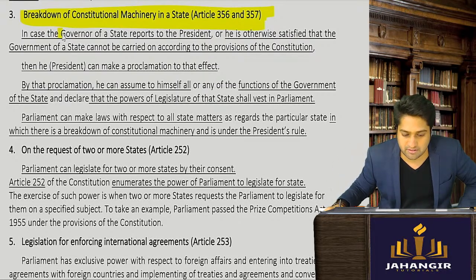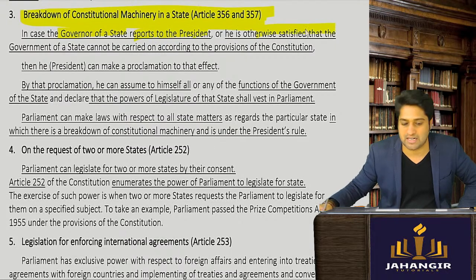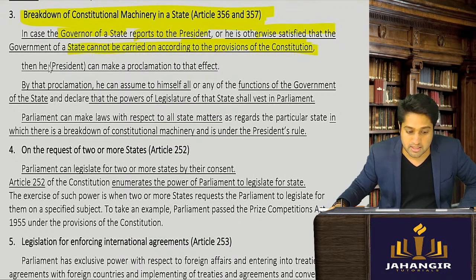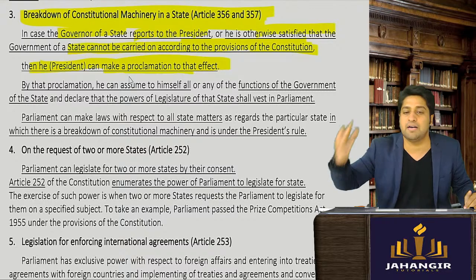In case the Governor of the state reports to the President, or otherwise the President himself is satisfied that the state is not functioning as per the Constitution, then the President will make a proclamation to the effect that the Centre will take over control of the state.